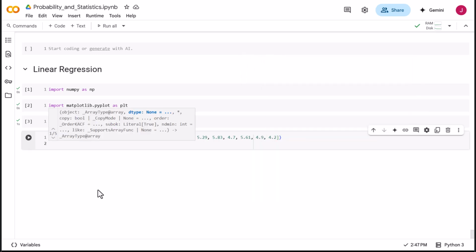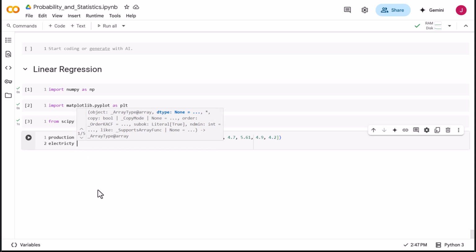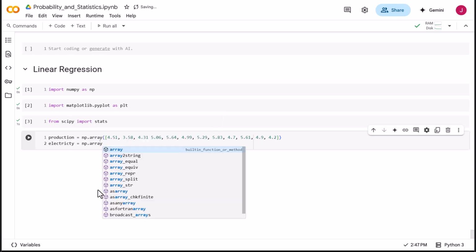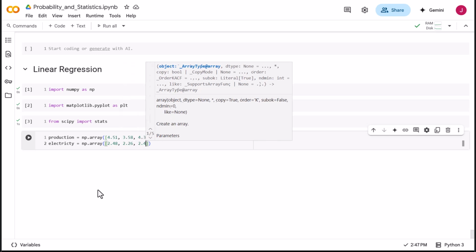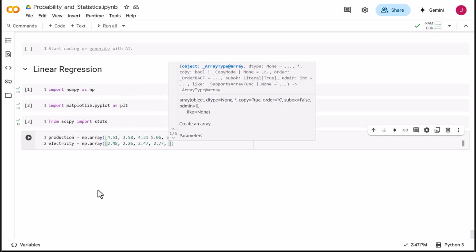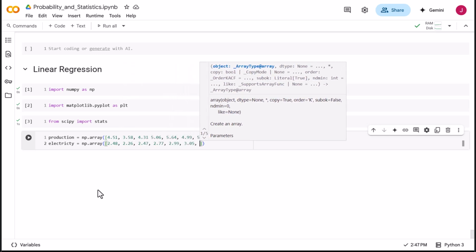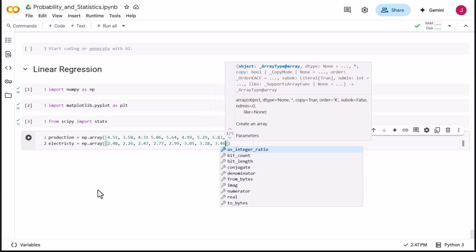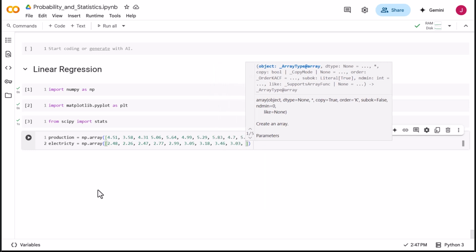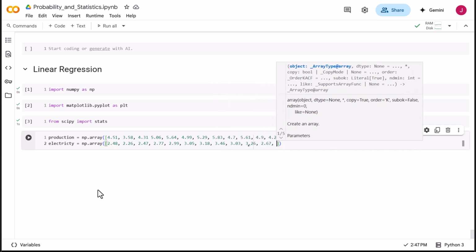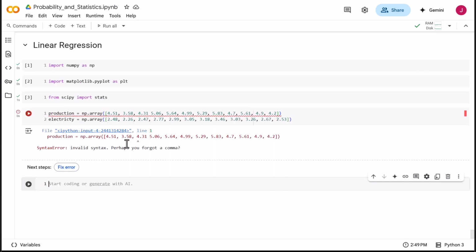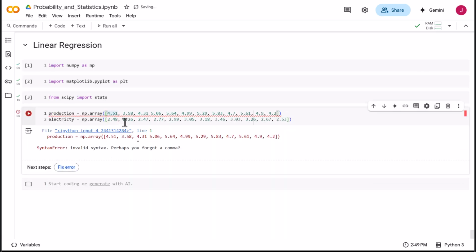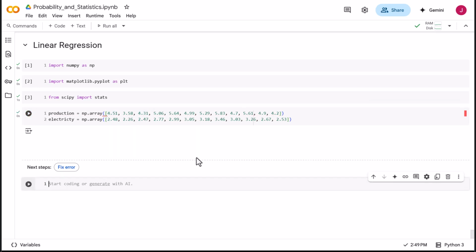We do the same thing for electricity, and electricity is equal to a numpy array: 2.48, 2.26, 2.47, 2.77, 2.99, 3.05, 3.18, 3.46, 3.03, 3.26, 2.67, and 2.53, right? There is some problem here, a comma is missing. That's correct.